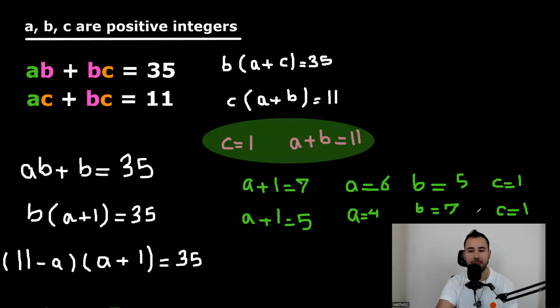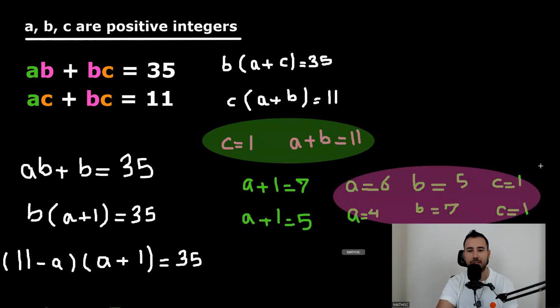We have the solutions. So we could also try to just see if they work to make sure that our solutions are good. So here, let's just replace these numbers. A is 6, B is 5.